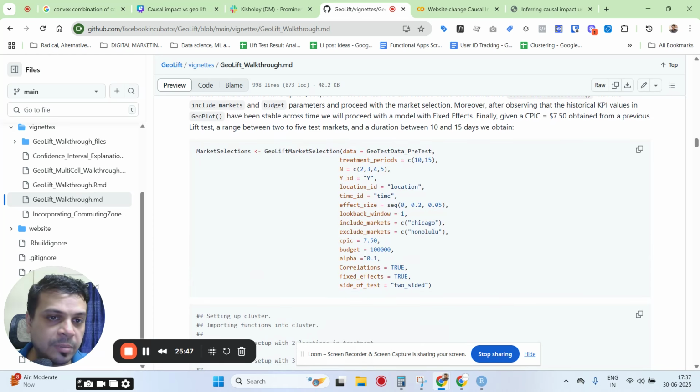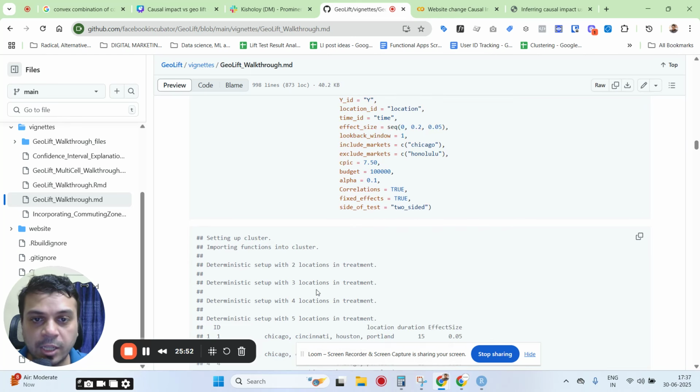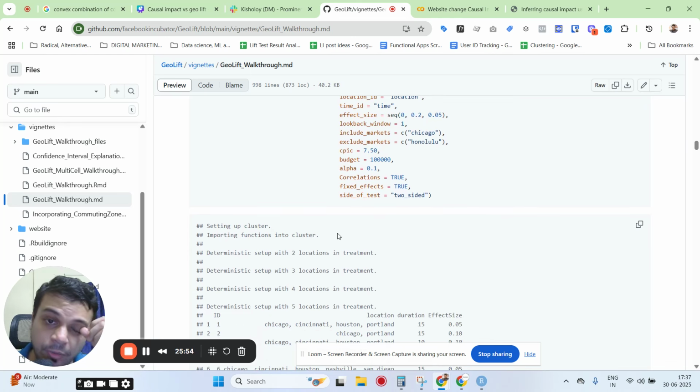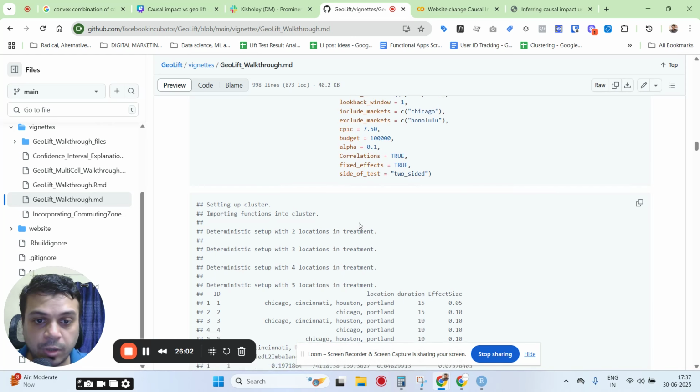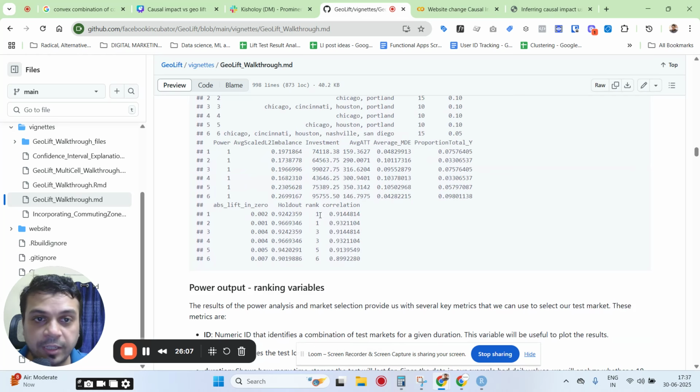There's also sometimes a predefined requirement for inclusion and exclusion of certain markets, so that has been defined. There are a lot of values here. There's a total budget that's been pegged at a certain value, and the CPIC, which is the cost per incremental conversion.